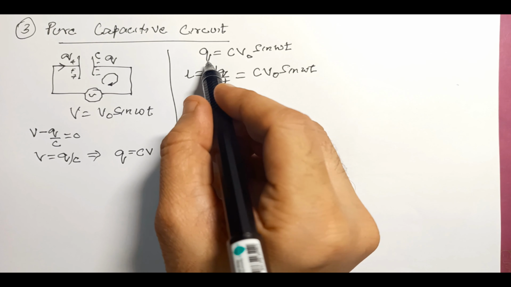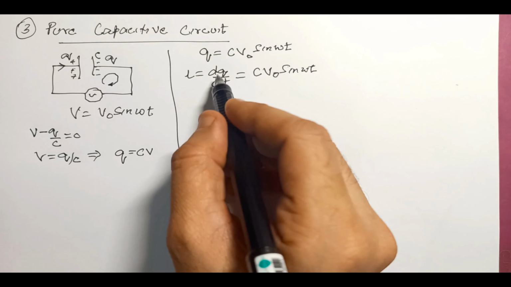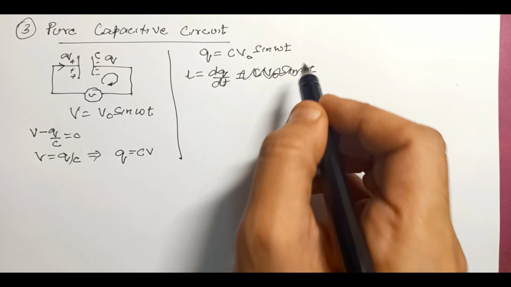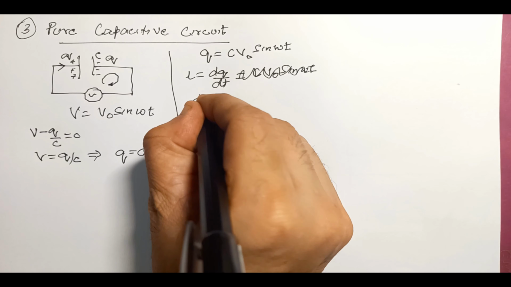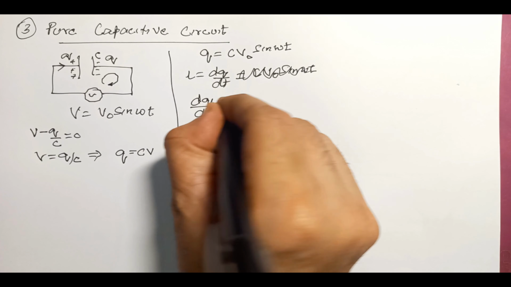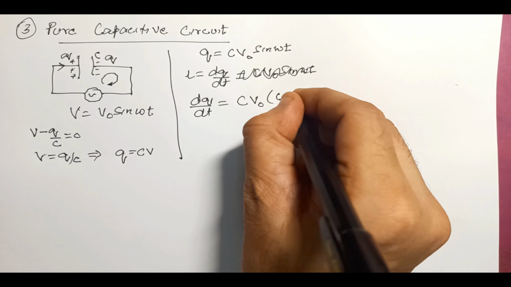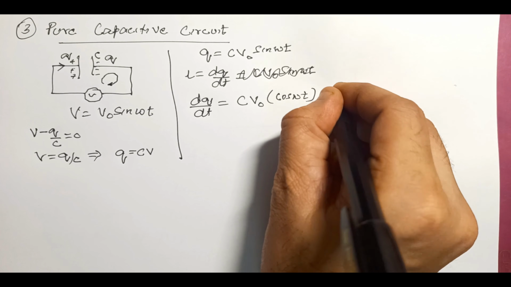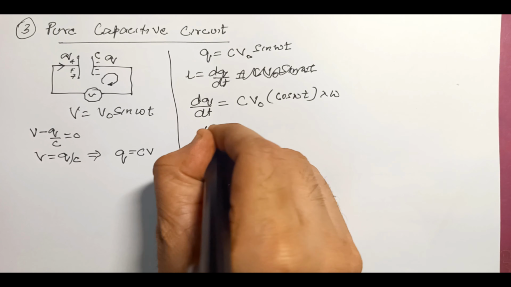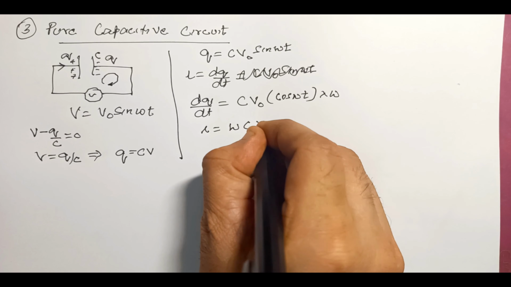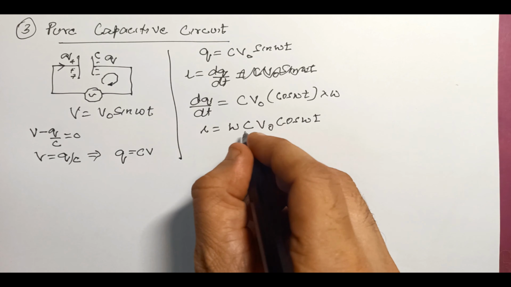If I differentiate this, dq by dt is CV naught cos omega t into omega. Further, this is nothing but I, so I is equal to omega C V naught cos omega t, correct?